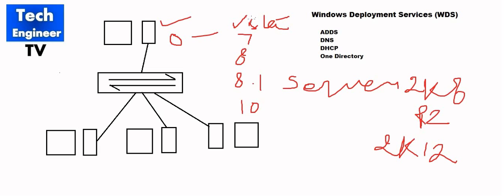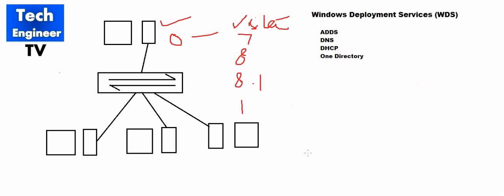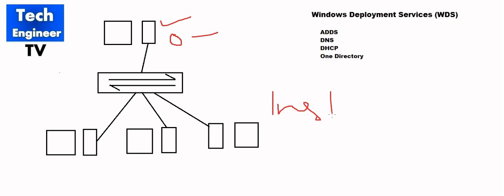after Vista, two very important things were launched in the Windows operating system: install.wim and boot.wim. These are the two important files of the operating system nowadays.